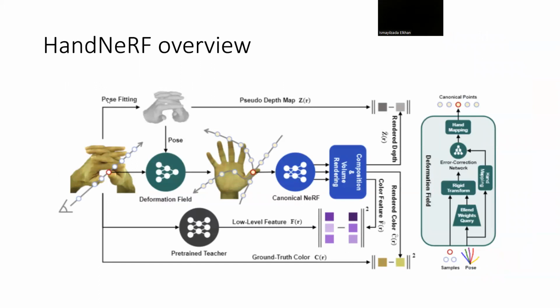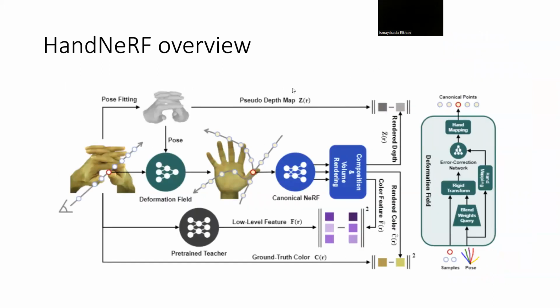So I suppose we have covered this part here that you get from Mano and the output of this deformation field, and then we have mapped this space already to this canonical NeRF.